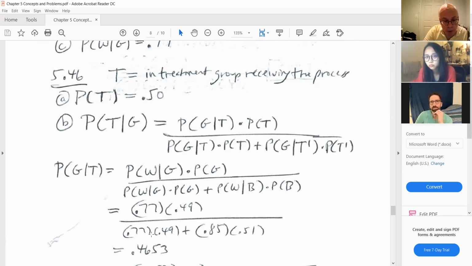All right. The denominator is the same thing again, plus the probability that the process worked and you had a boy, right? What does that have to do with anything? Well, let me think about that. This is what it says, that the process didn't work and you had a boy instead.